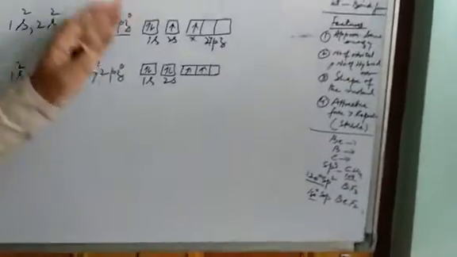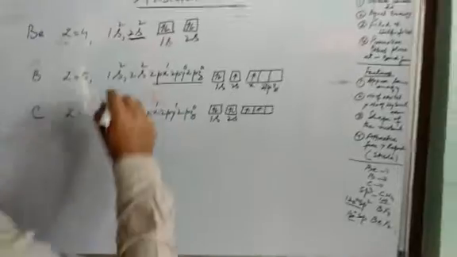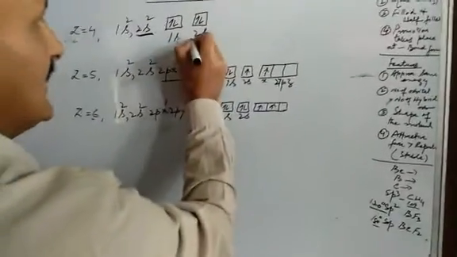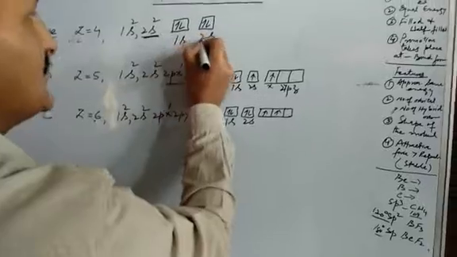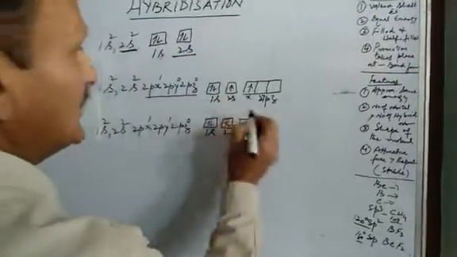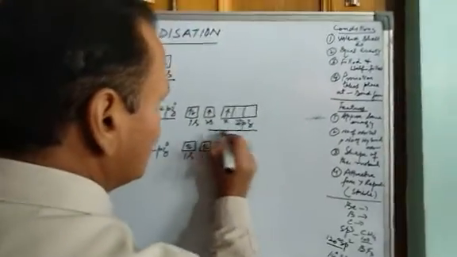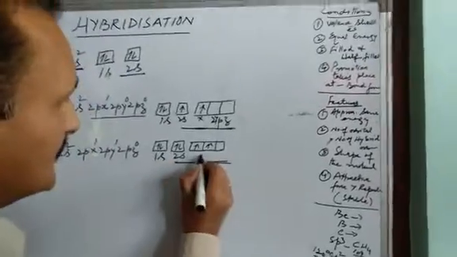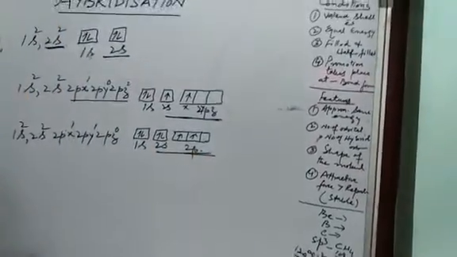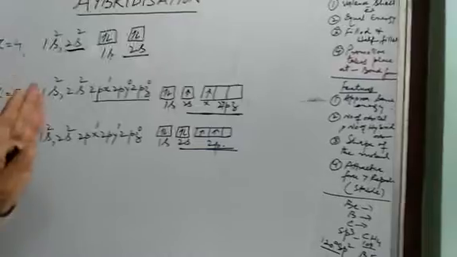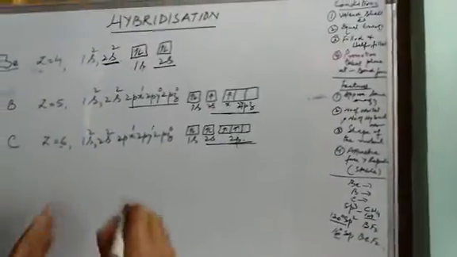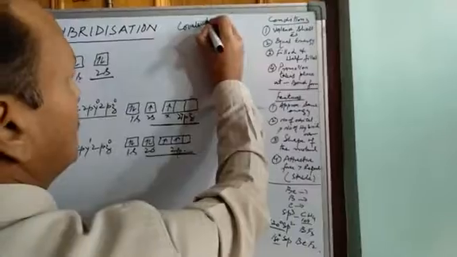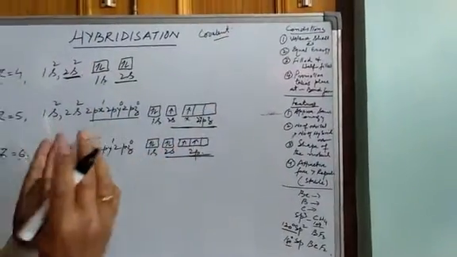Now what do we find in their electronic configuration? This is the first shell, this is the second shell, the valence shell. Let us find how many half-filled orbitals there are, because when we talk of covalent bonding, a covalent bond is formed between half-filled orbitals.